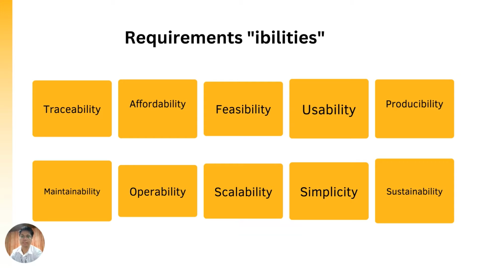On the surface, the process of defining requirements sounds pretty simple. Beyond the basic mechanics of developing project work units, there are several other scope-related issues that are not obvious in this process. We will describe these as the following abilities of requirements: traceability, affordability, feasibility, usability, producibility, maintainability, operability, scalability, simplicity, and sustainability.